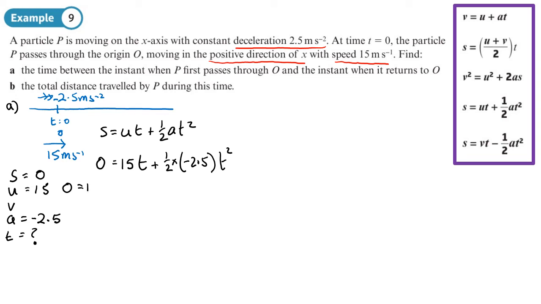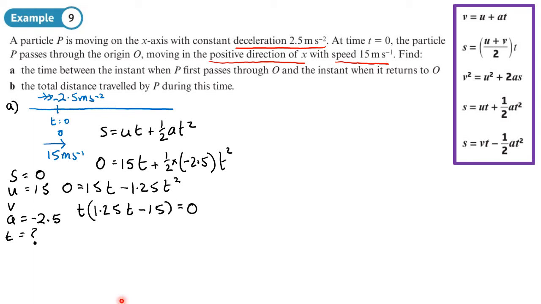So that is 15t, and then half of -2.5, I'll write that as 5 over 4, or 1.25, so -1.25t squared. This should be an easier one to factorize. So we can write it like this: 1.25t and then minus 15 equals 0.